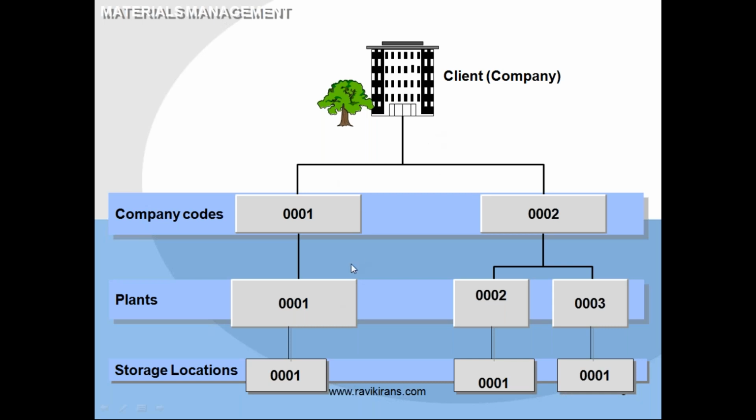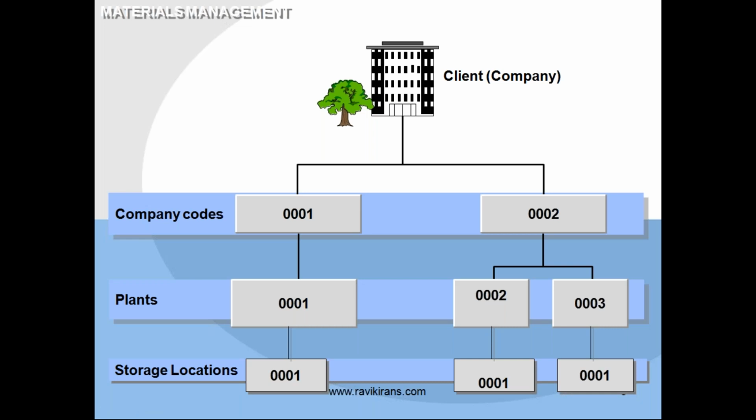As an MM consultant, I should be clear on what a company code, a plant, and a storage location are. Client is the group headquarters. Company codes are subsidiaries, and under the subsidiaries you can have any number of plants. Under the plant, you can have storage locations.